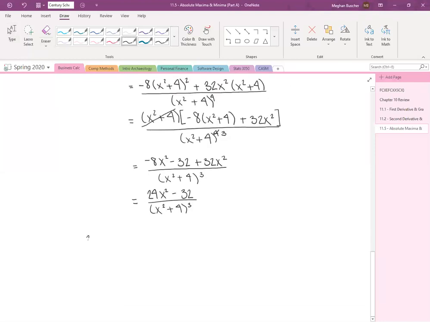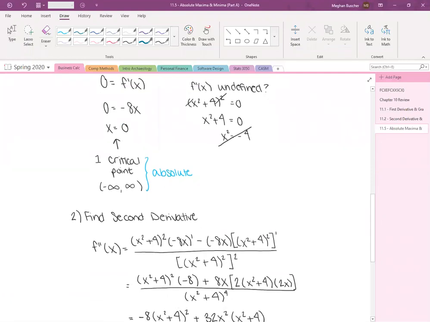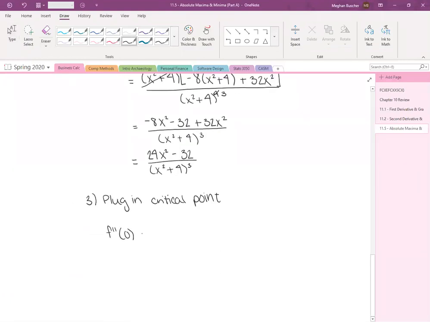So now we're gonna plug in our critical point. F double prime of 0, because remember our critical point was x equals 0. 24 times 0 squared minus 32, all over 0 squared plus 4 cubed.